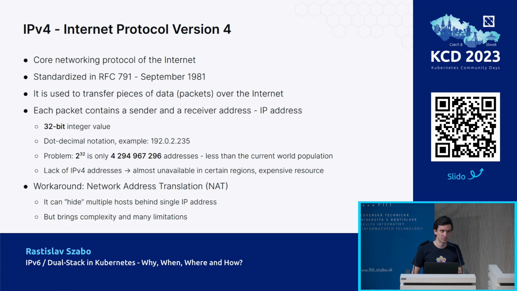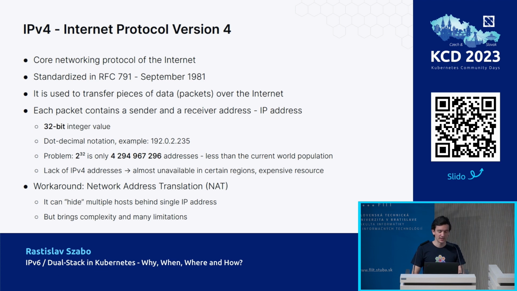And that's actually the problem of the IPv4 protocol. 2 to the power of 32 is only about 4 billion addresses, which is less than the current world population, which means that not everybody on this earth can have their own IPv4 address. And due to the lack of IPv4 addresses, they are almost unavailable in certain regions, like the Asian and Pacific regions, and they are in general becoming a very expensive resource.